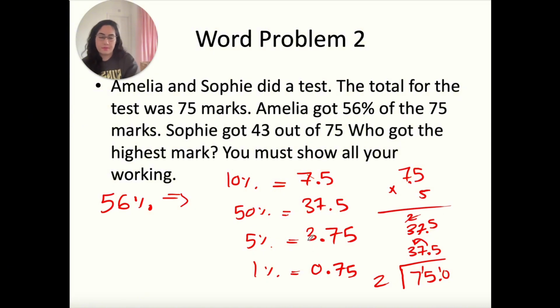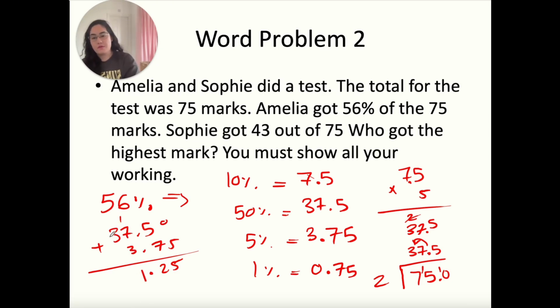So 37.5 plus 3.75. 0 plus 5 is 5. 5 plus 7 is 12. Carry the 1 over. We bring the decimal point down. 1 plus 7 is 8. 8 plus 3 is 11. We carry the 1 over and it becomes 41.25.